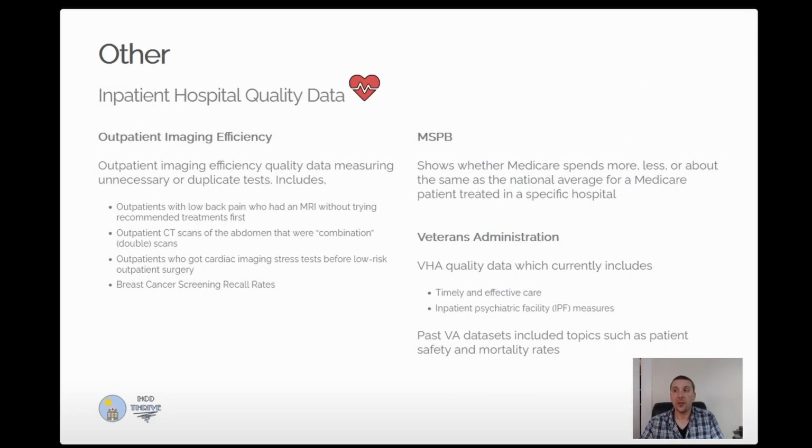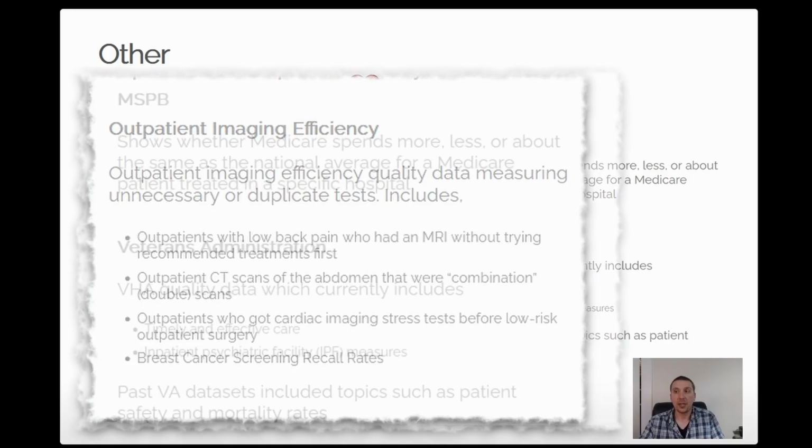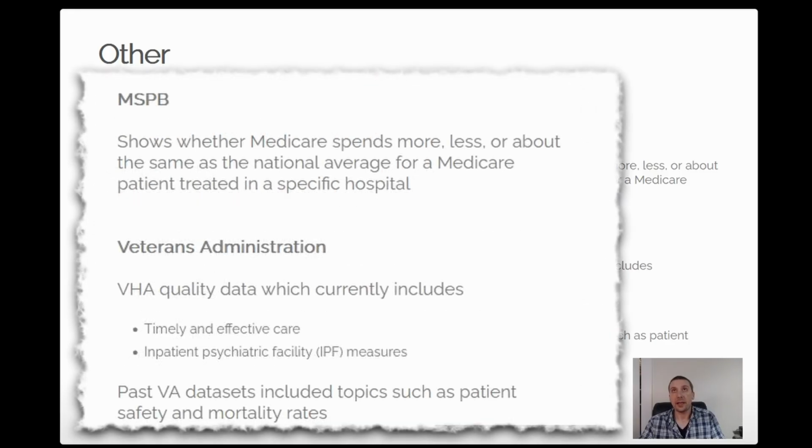Finally, we come to the other category, which is a collection of smaller data sets. Outpatient imaging efficiency is basically how efficient the hospital is, whether or not there were duplicate tests ordered. MSPB, or Medicare spending per beneficiary, is just how much the hospital spends per Medicare beneficiary compared to other hospitals. And finally, the Veterans Administration, VHA data, is data specifically from the VA.